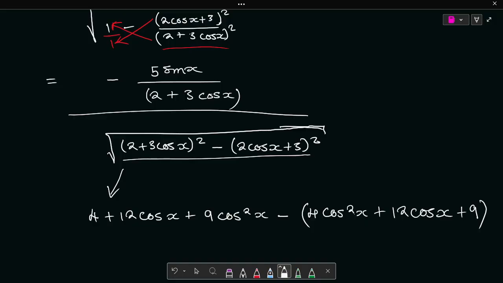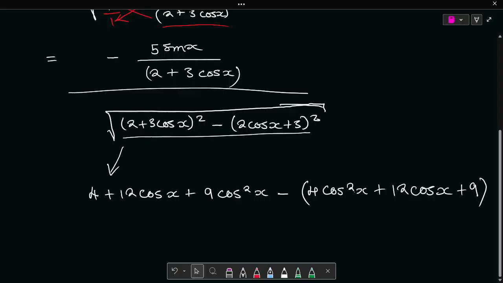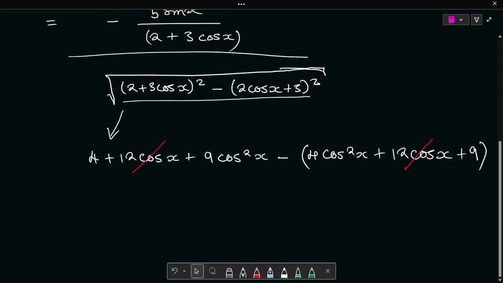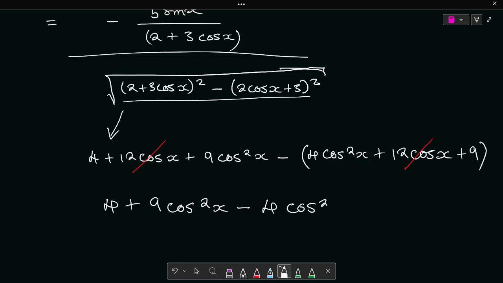All right, so that's what we are going to get, and from this we quickly notice that this one and this one are going to cancel. What we remain with is 4 plus 9 cos squared x minus 4 cos squared x plus 9.